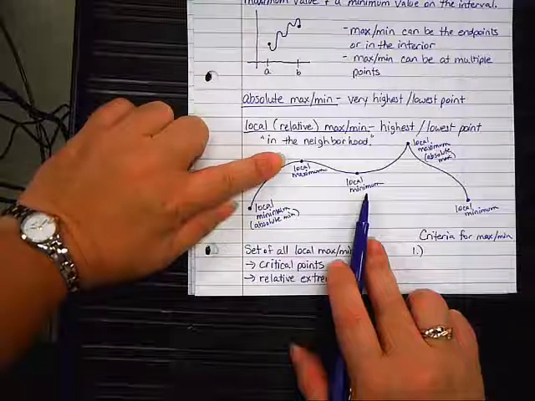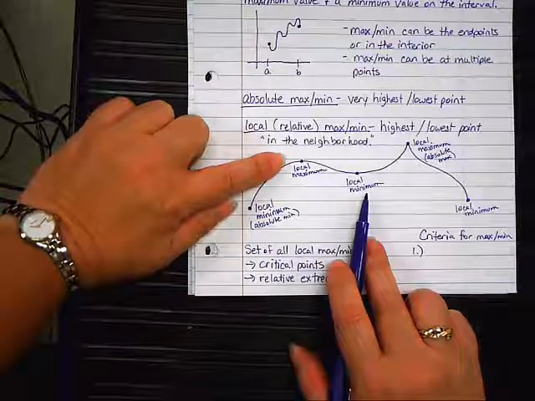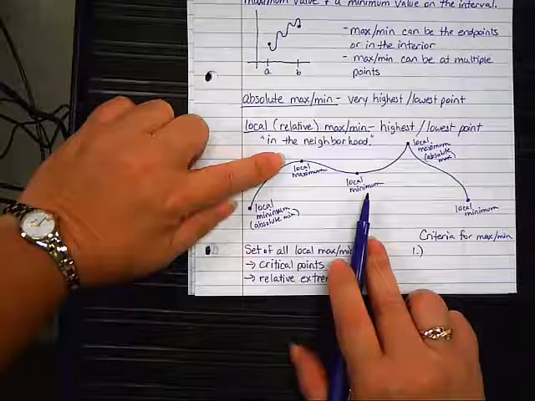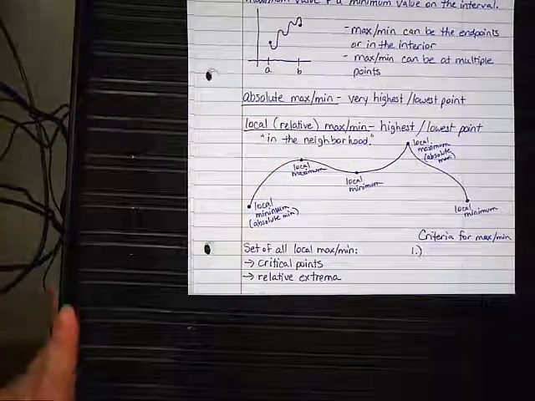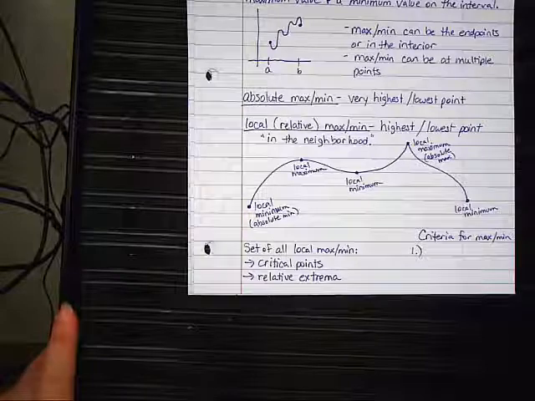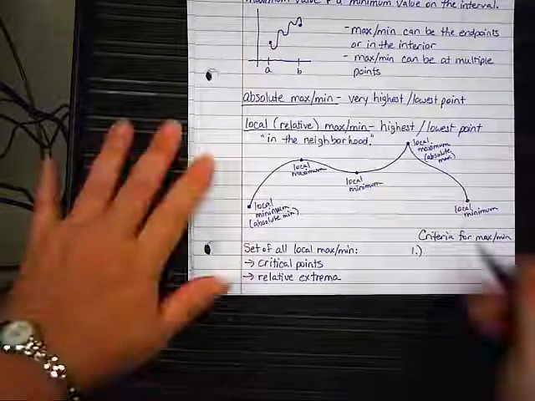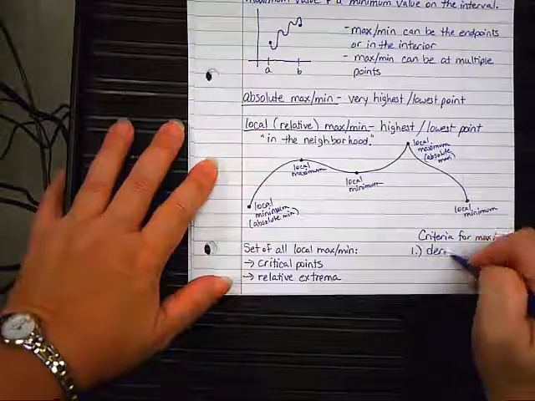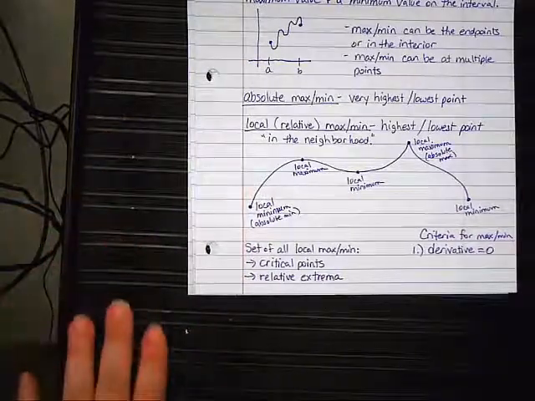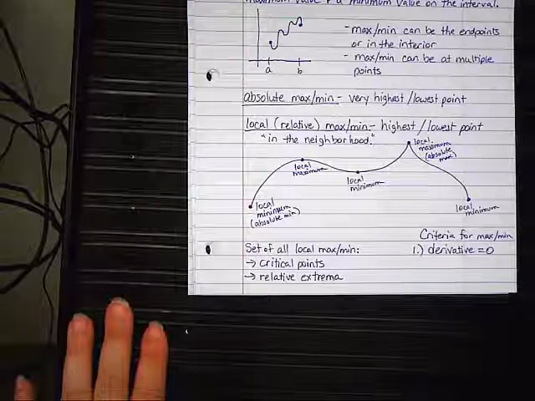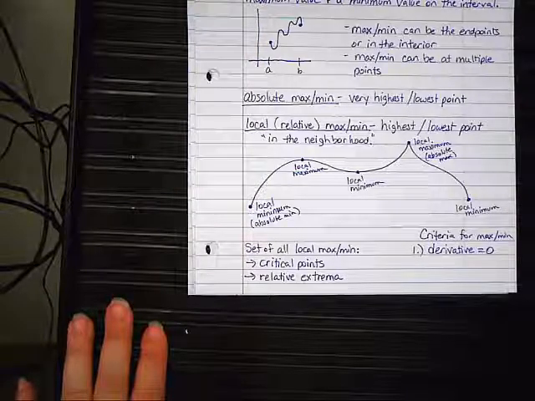These 2 points have the same derivative. Can anybody tell me what the derivative at those 2 points are? 0. If the derivative is 0, you're either hitting the top of a hill or the bottom of a valley. Okay? So criteria number 1, in order to be a candidate, your derivative could be 0.